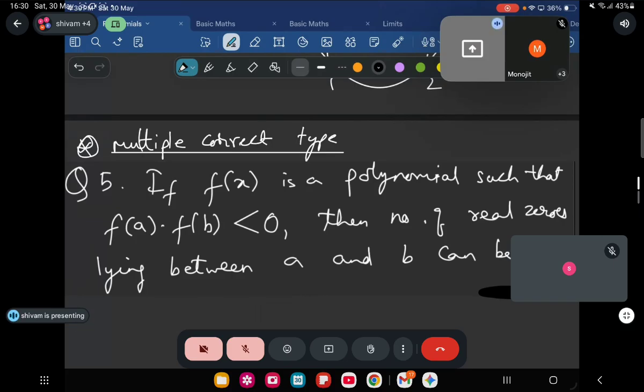Wait, I'm writing down the options once again. Option A 0, option B 3, option C 1, no, wait. Option D 0, option C 1, option A 2. 2, 3, 1, 0. Okay.